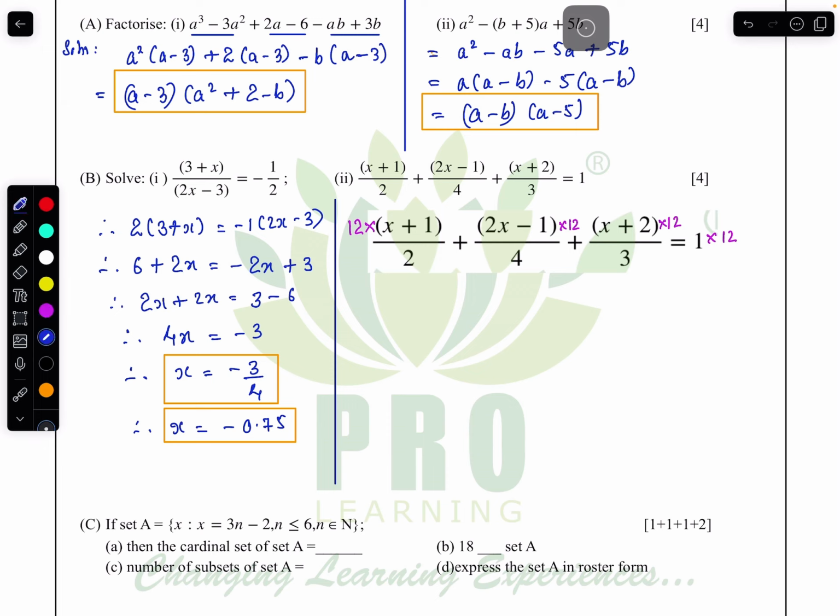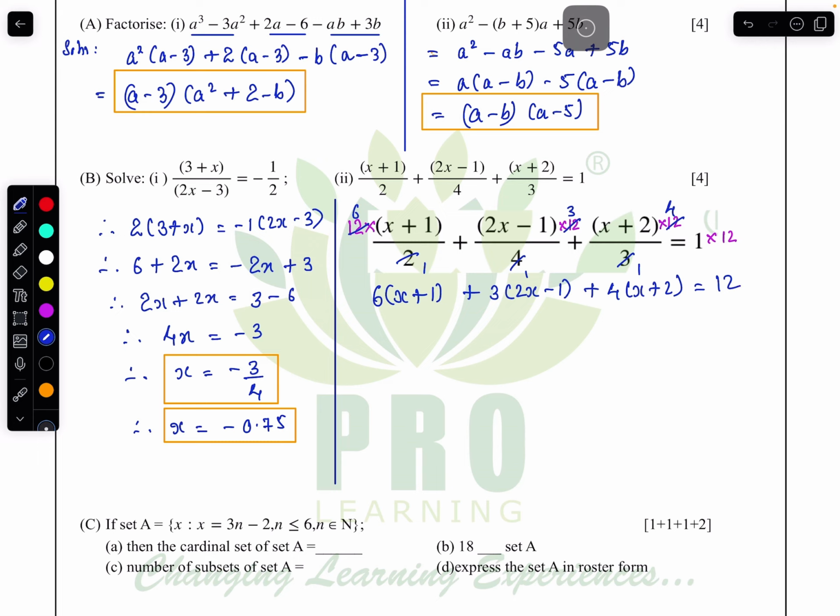So now this will be 2, 1, 2 times 6, 4, 1, 4 times 3, 3 times 1, 3 times 4. So now the plain equation would become 6 times x plus 1 plus 3 times 2x minus 1 plus 4 times x plus 2 is 12.